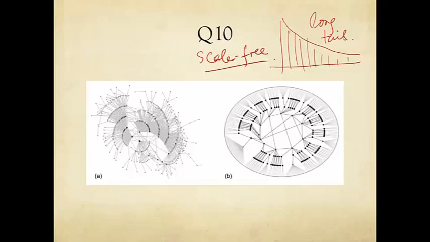There are nodes that have a huge number of degrees. Now the question is, where are they? In year 2000, there was a rumor that says the internet has an Achilles heel.